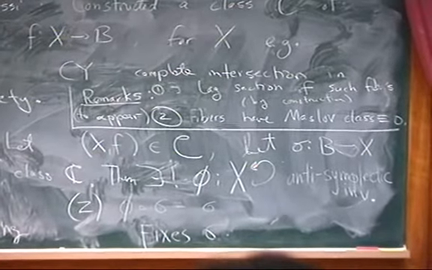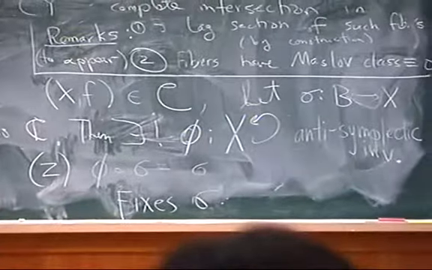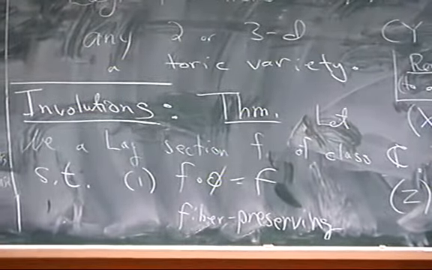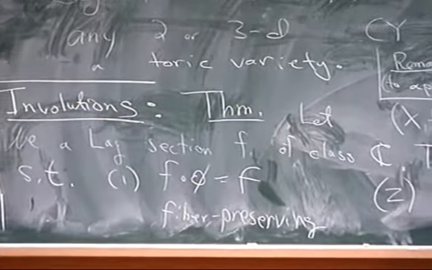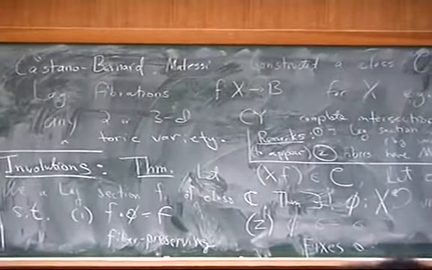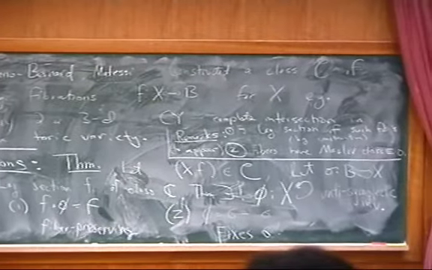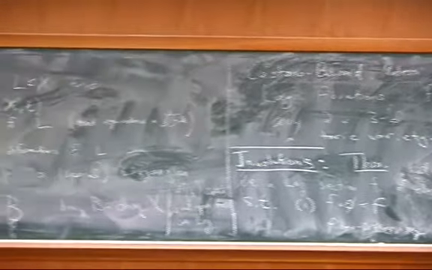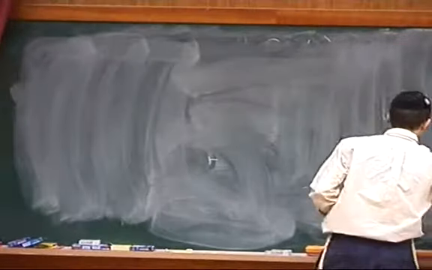Okay, so what's the motivation for such a thing? This is nice in the sense that it gives us lots and lots of examples of antisymplectic involutions, which seem to appear naturally in the context of mirror symmetry and Lagrangian fibrations. But why would one think such a thing is likely to happen?